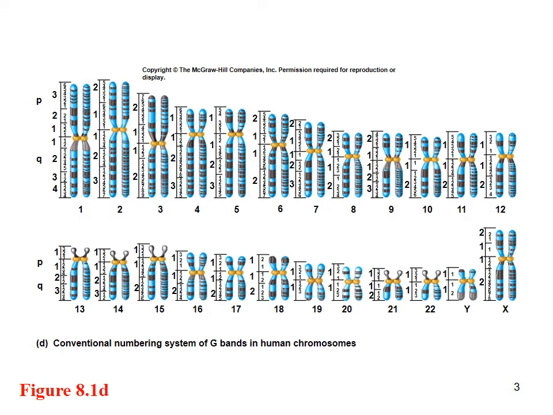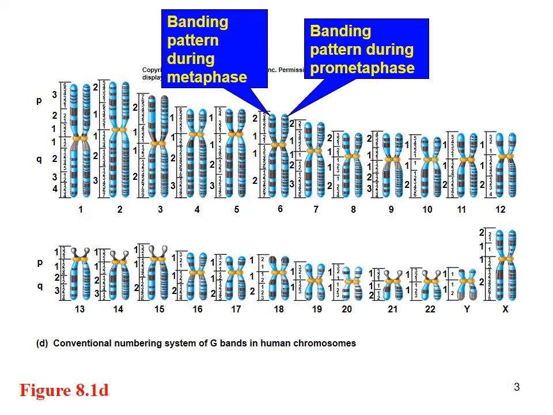Now, when you look at the chromosomes, you're going to notice that the left side of the chromosome is not equal to that of the right when it comes to the banding patterns, and I'm talking about the black areas. That is because it's showing you the chromosomes at two different stages of the cell cycle. On the left-hand side, you see the banding pattern during metaphase, and on the right-hand side, you see the banding pattern during prometaphase, when the chromatids are slightly more extended.